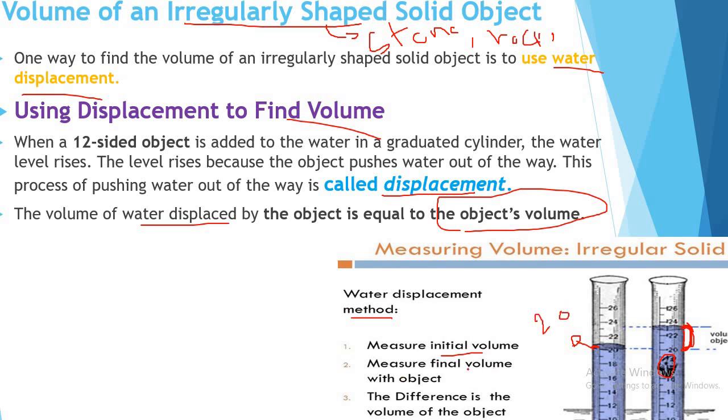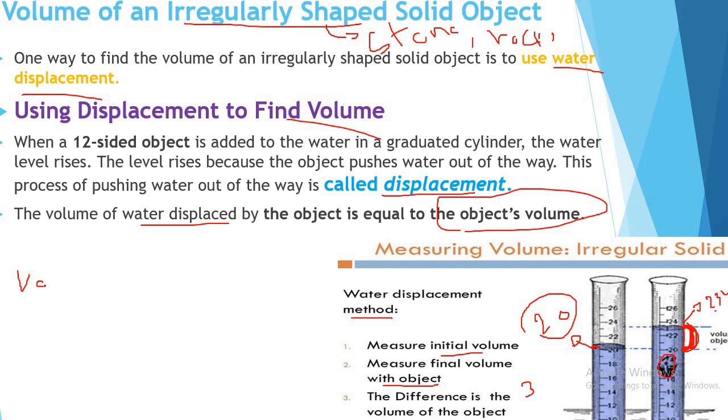Then we measure the final volume after we put the object in, which is here 23. The difference between 23 and 20 is the volume of the object. The answer: the volume of the object is 3, which is 23 minus 20.